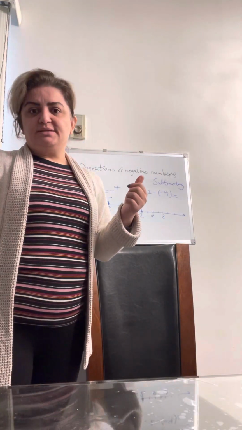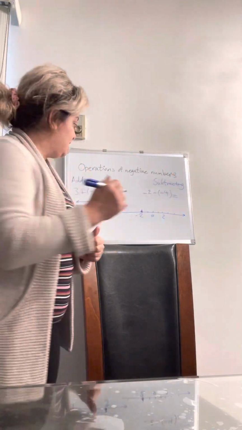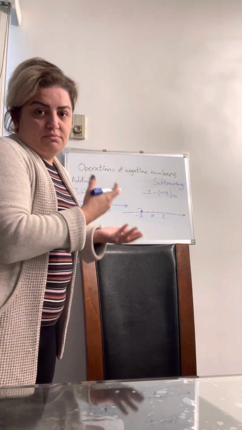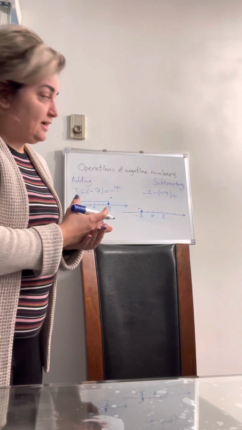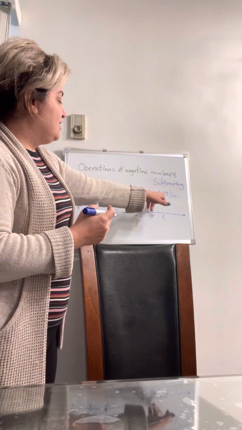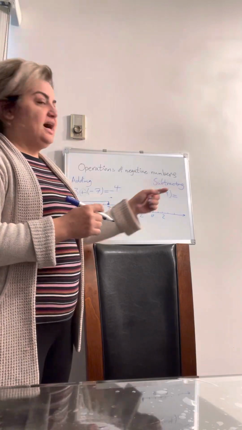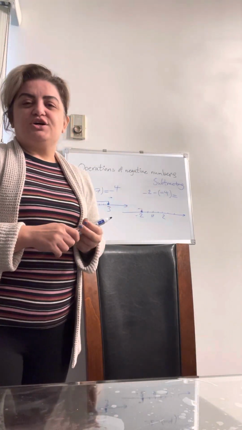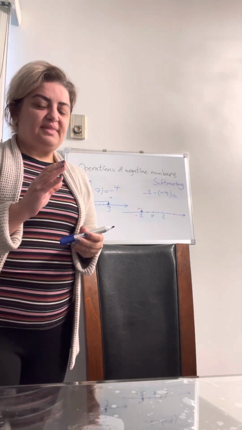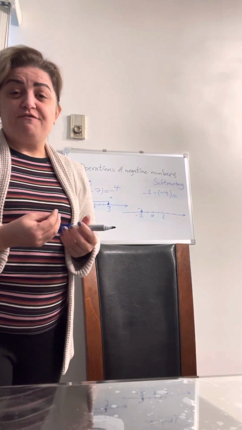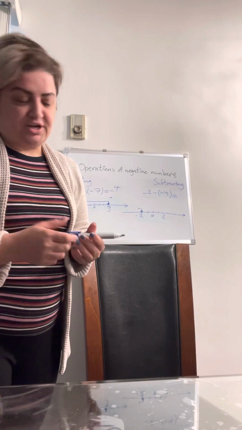Plus right, minus left. It is minus, so we should look to the left. But our second number shows the direction too. Negative 4 shows how far we move and in which direction.